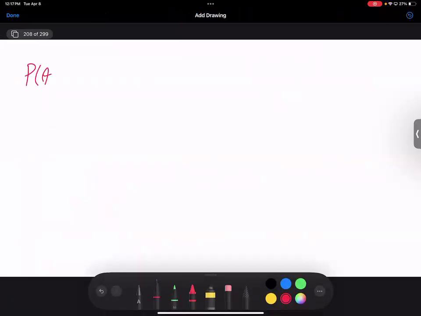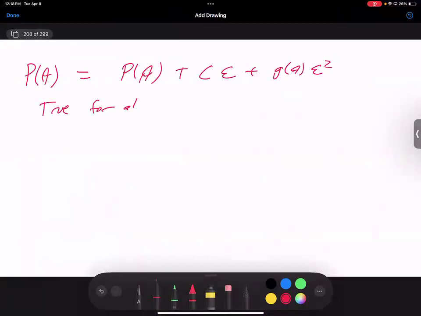So let's say we have P of A equals P of A plus some constant C epsilon plus some function of A times epsilon squared. And this is true for all epsilon. Well, both sides have a P of A. We can subtract that.